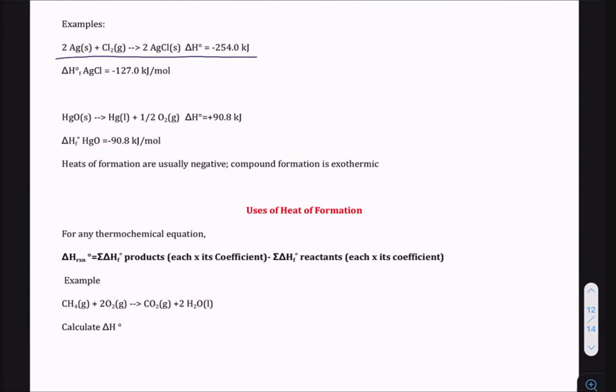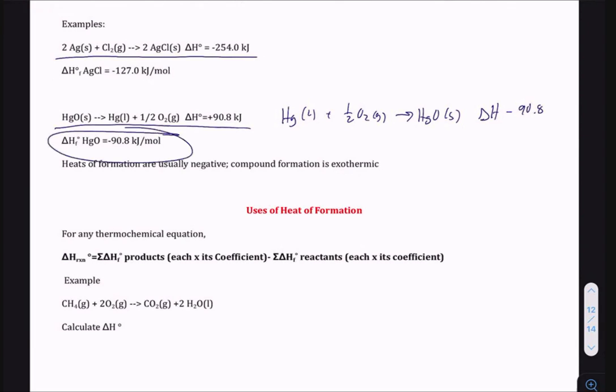This reaction here shows decomposition, but if we wrote this backwards, we would flip the sign, and this is a heat of formation reaction. So the delta H would be the opposite of what was provided. And that's why when you look up this value, this is how it's listed on your chart.